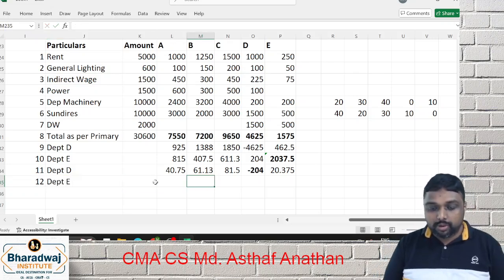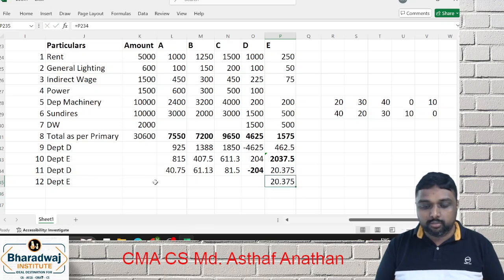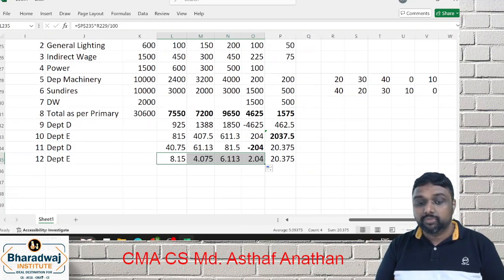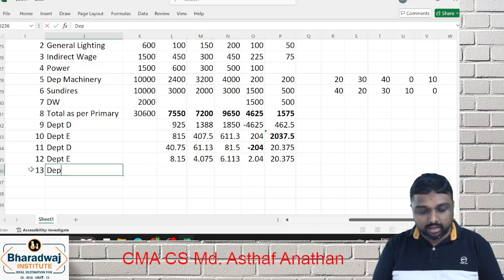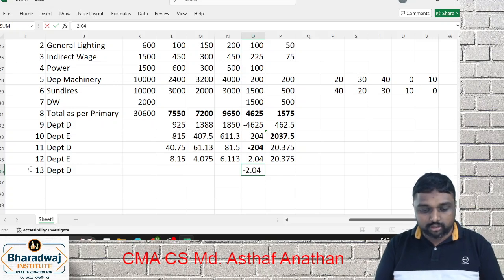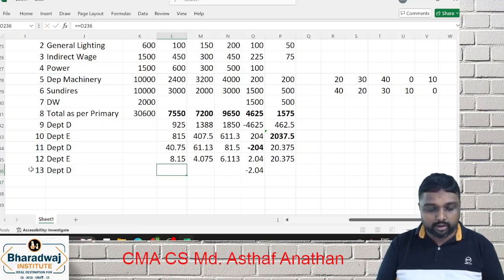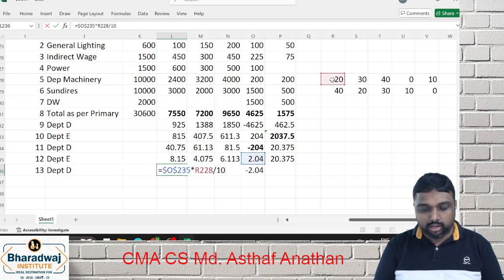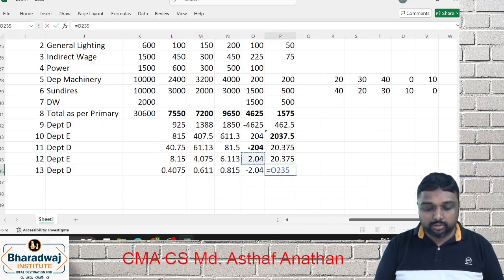So department E: now you will go for this amount, into this 40. Since I am using Excel, for me it's very, very easy. Next you will go again to department D. Now the amount is 2.4. So you do the same, 2.04 into 20 by 100. See? Now the last amount is coming, and it is almost negligible.